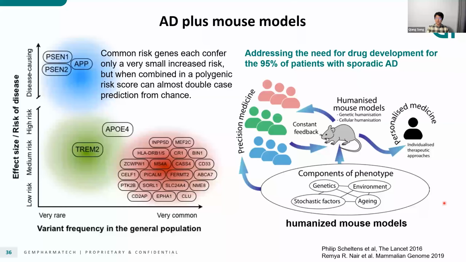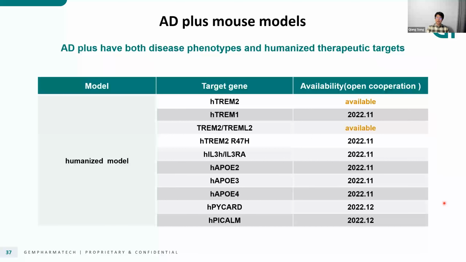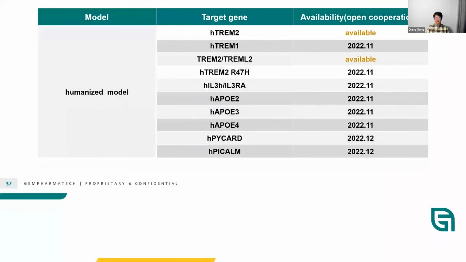To facilitate the drug development of those potential drugs, we humanize these targets and cross the humanized mouse model to the FAD40 mice, which not only carry the drug target but also have the AD pathological phenotype, in our AD plus mouse model. And here is a table of the humanized mouse models we have already generated and the timeline, which you can access in our company.